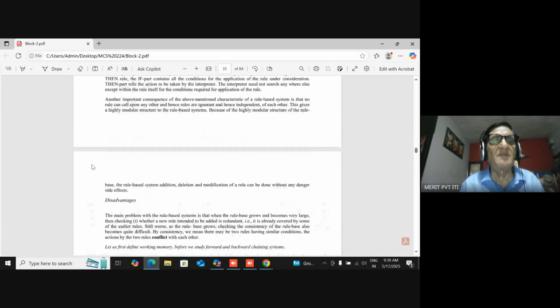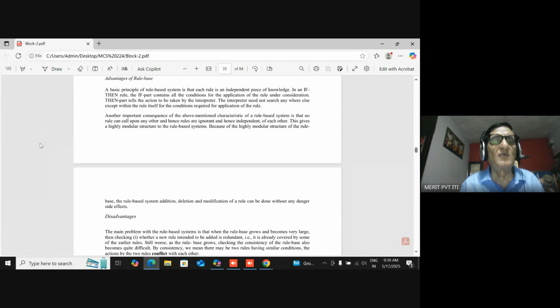The basic principle of a rule-based system is that each rule is an independent piece of knowledge in an if-then rule. The if part contains all the conditions of application of the rule under consideration, and the then part contains the action taken by the interpreter.